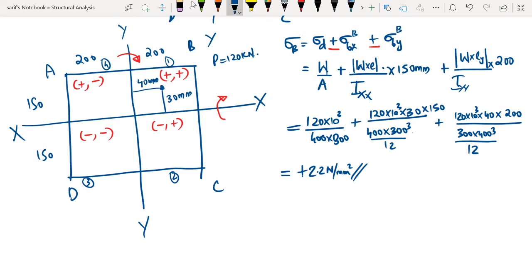Now if we notice, this is the general calculation that we have to do for any point. These equations are valid if you want to find the stress at any point. However, in this particular problem, the numerical values of the distances from the x and y axis of the points B, C, D and A are the same, so the numerical values of the stresses are the same.